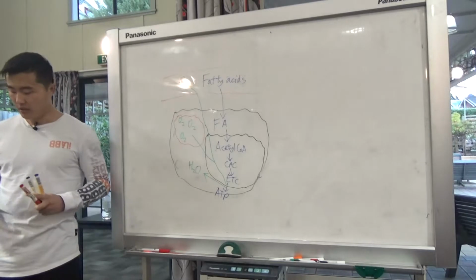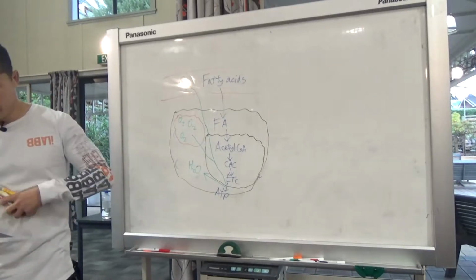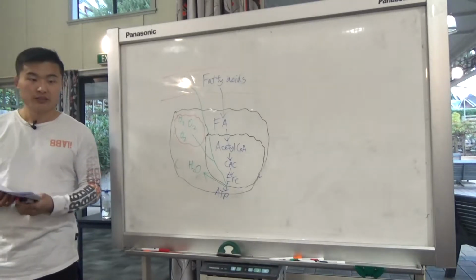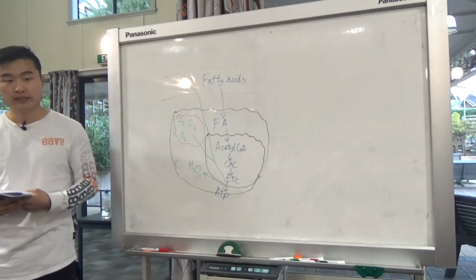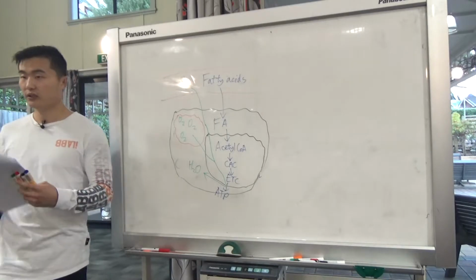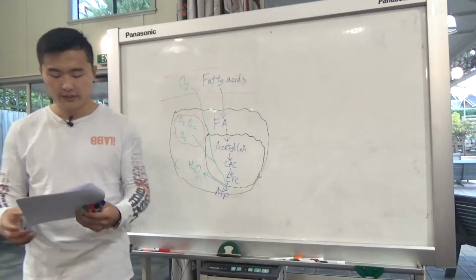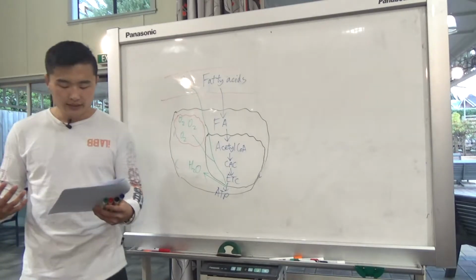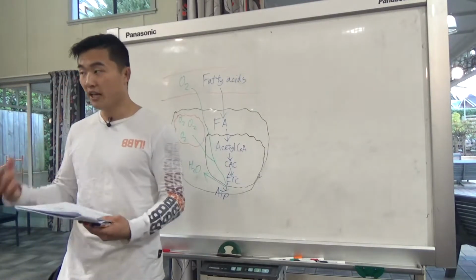Okay. Right, so type 1 fibers are slow twitch, so they're more for endurance. If you're doing an explosive workout, you're not going to be using your type 1 fibers. These are slow twitch, and they're darker in color. They're red because they have a high concentration of myoglobin.